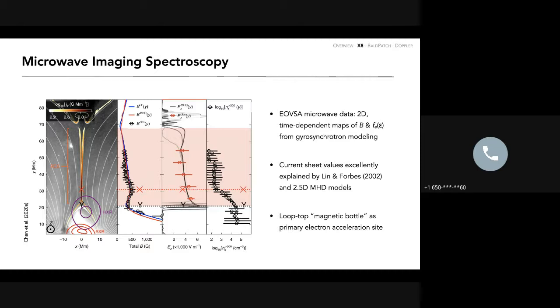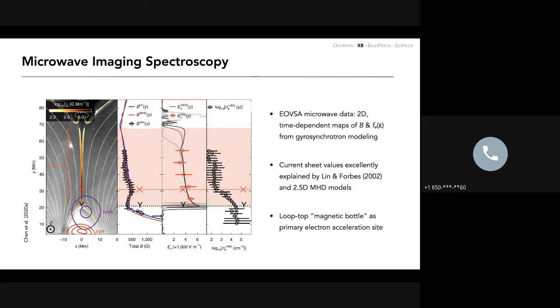And then by just adjusting a few simple geometric parameters, you can fit the Lin and Forbes model, as well as your 2.5D MHD model, the values of the magnetic field, to the observations. And you can see it's extremely well fitted. That is really amazing, as I see it.